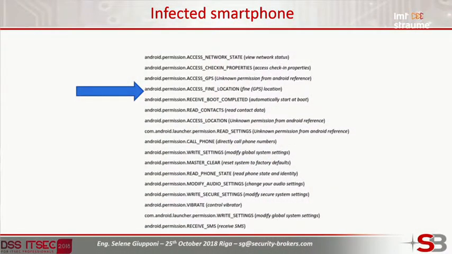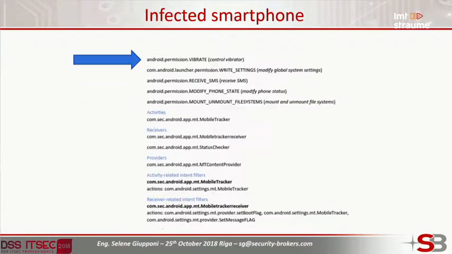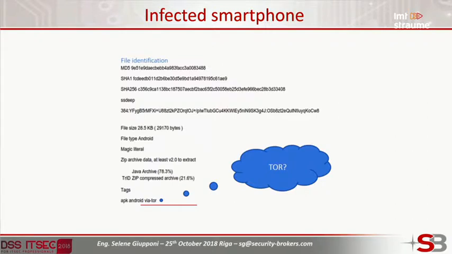And this is why it's so important to run mobile forensics, for example once per month, and so on. Other kinds of information we were not able to extract, because all the information was sent through Tor. So it was very interesting to recover all the information about the attacker.